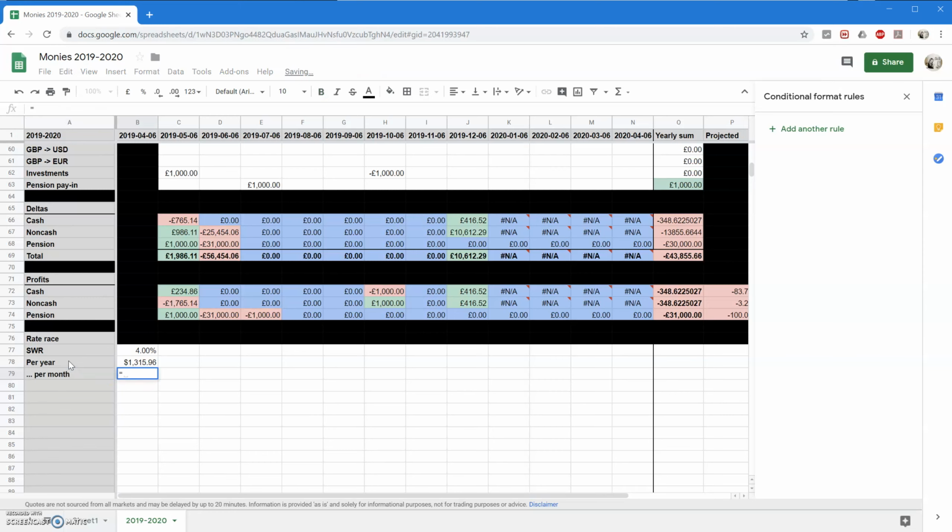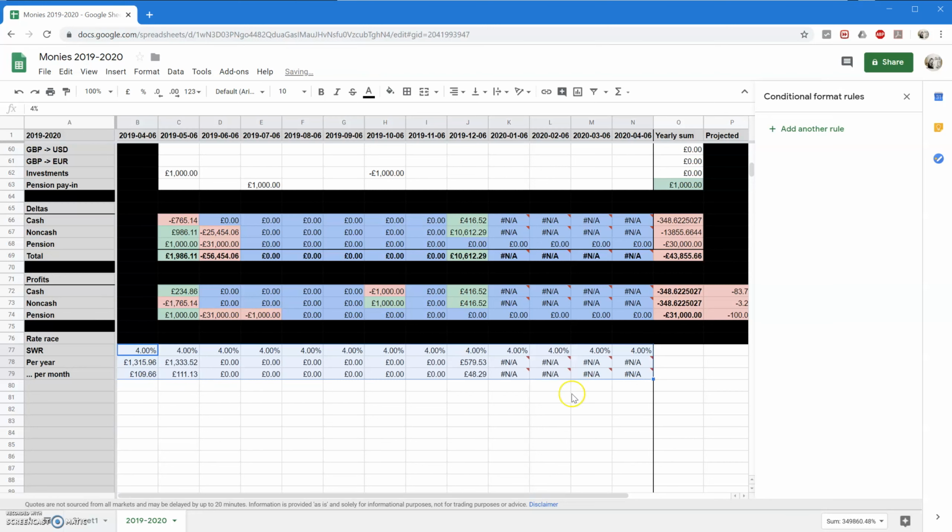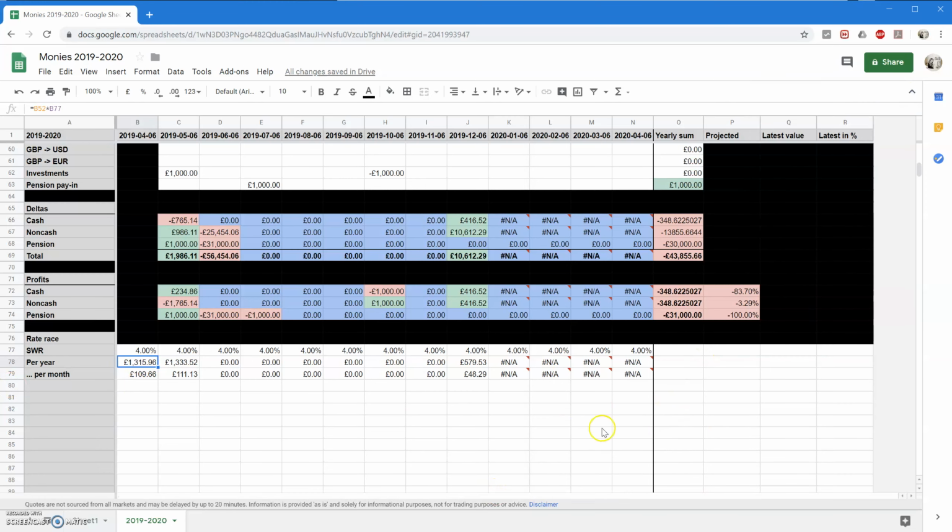Let's just show that. And these are, of course, pounds. Right, so this is not enough with these savings, obviously, but we can look at other values as well.